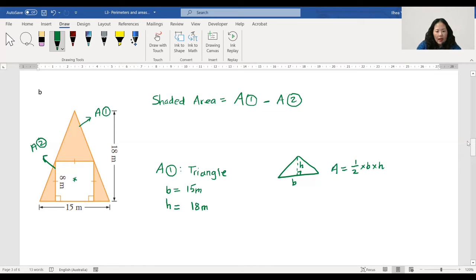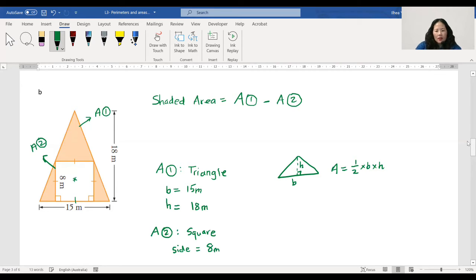Okay, so that's what I've got. Now area 2, it's a quadrilateral shape, quadrilateral means 4 sides. And I can see that all 4 sides are equal as 8 meters. So it's going to be a square, with side length 8 meters.